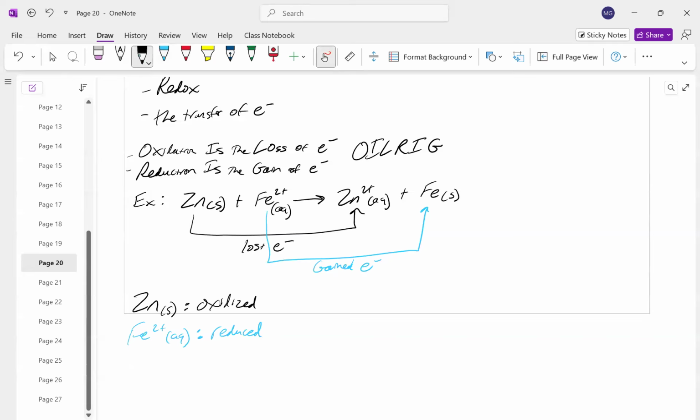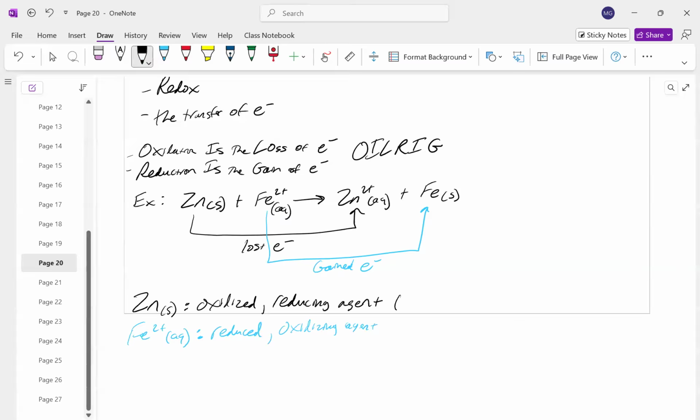Now, one of the ways that we more commonly label these substances is it's like a game of opposites. If zinc got oxidized, if it lost electrons, then it's causing iron to get reduced. So we call zinc the reducing agent, and we call the iron(II) cation the oxidizing agent.